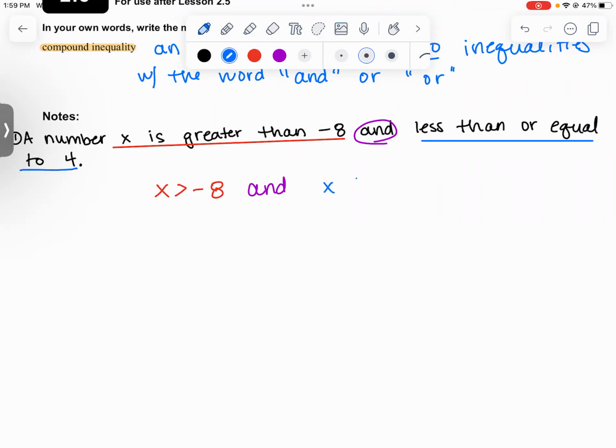So X is less than or equal to 4. Anytime we have an and statement, we can squish it into a sandwich in one statement, okay? So we can take this and we can write it as X is less than or equal to 4. And then if we flip this entire thing, we can say, oh, X is greater than -8.